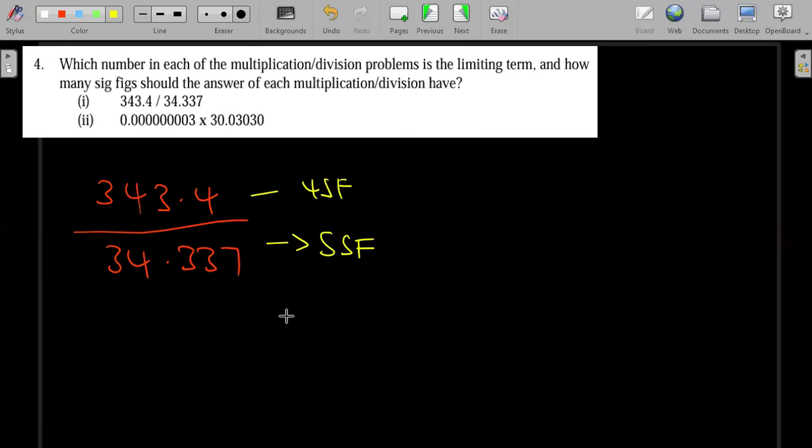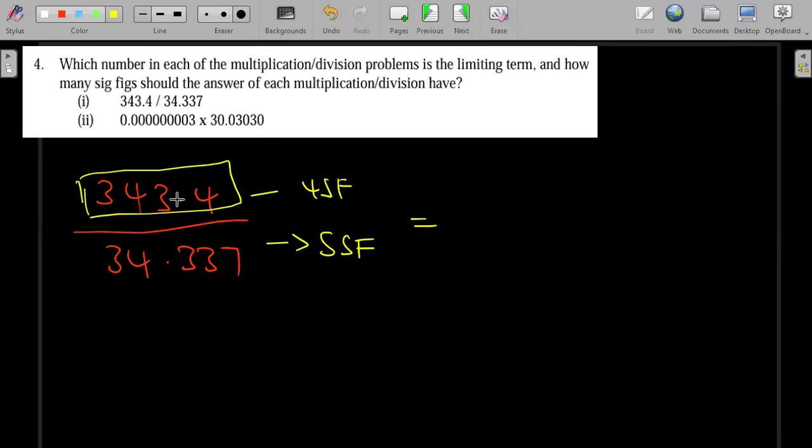So the limiting term is the one with the fewer significant figures. How many significant figures should the answer have? First, we have to divide on our calculator, so you get your calculator and punch in those values.